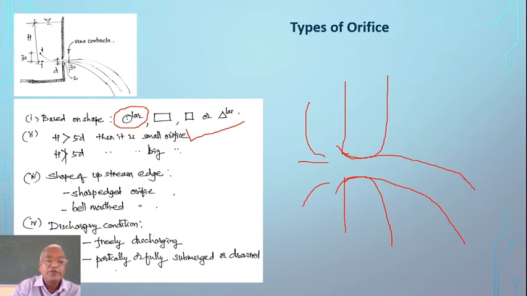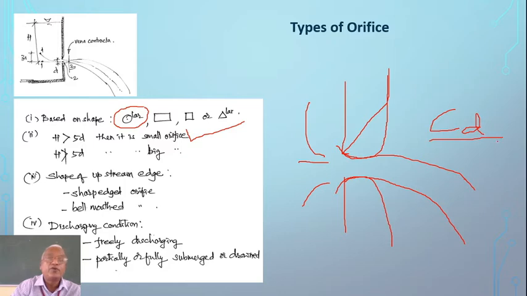In a sharp-edged orifice, there will be the least contact with the water, right? If it is cut like that, you know that hardly any contact is left, and because of that the head loss will be less when the water comes out. It affects what is known as C with suffix D. You are going to study that.